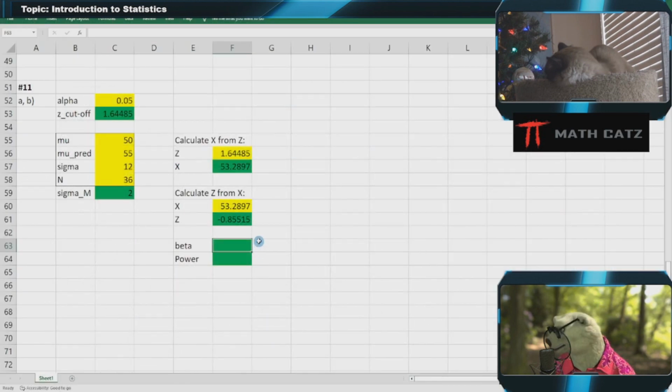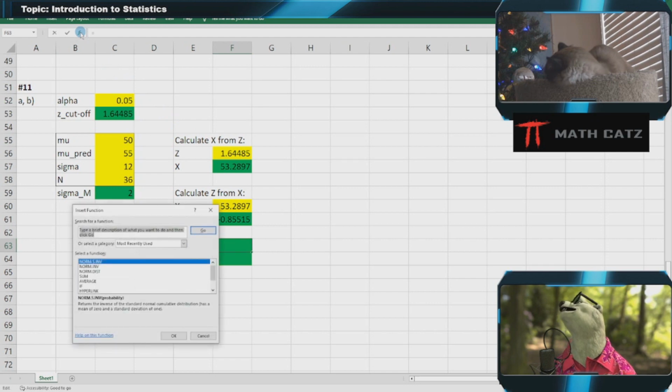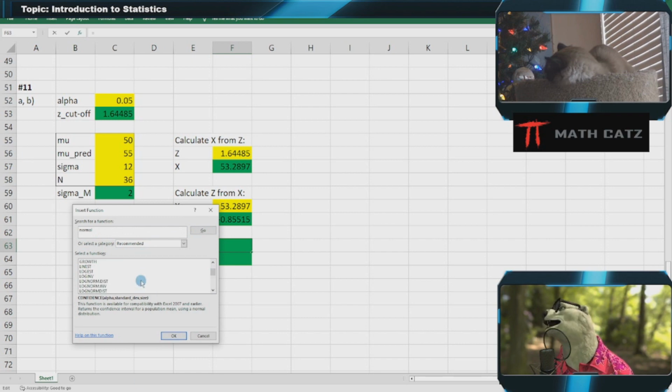So let's see. I'm going to insert a function. So I click up on this insert function, and maybe I don't know exactly what the function name is. I'm just going to search for normal, and you get used to what you're looking for. We're looking for the standard normal distribution. So I'm looking for that S. So which one of these is it? Distribution or inverse?